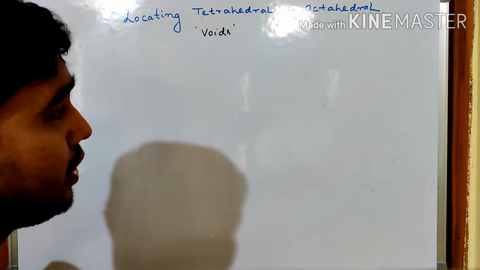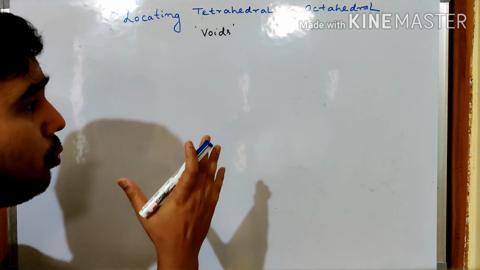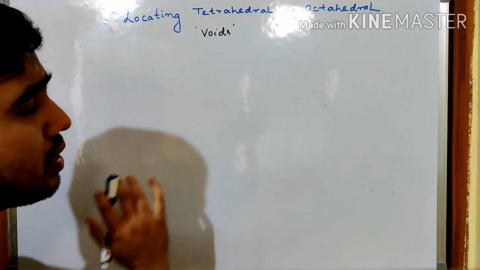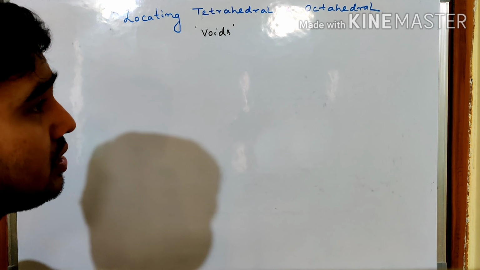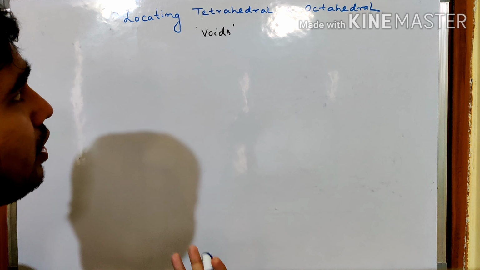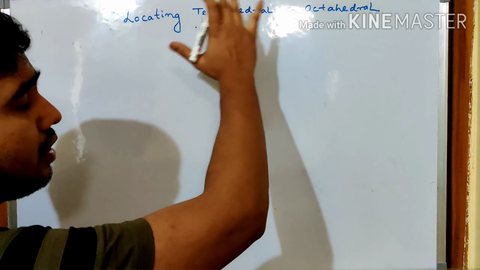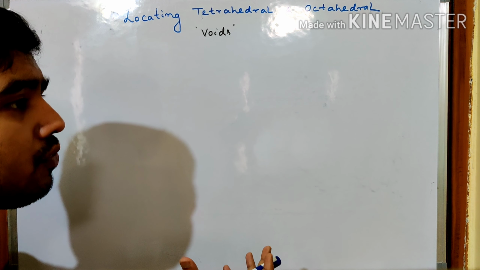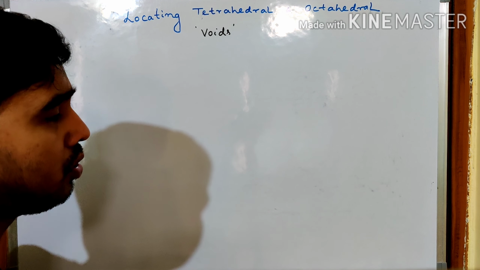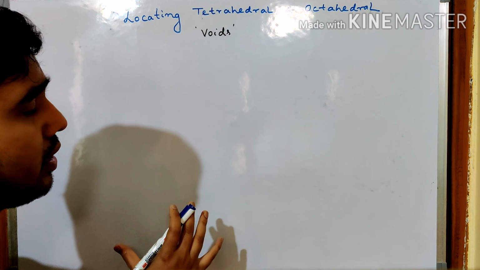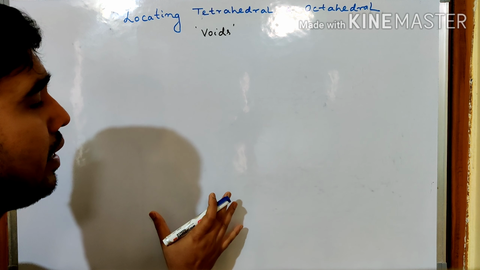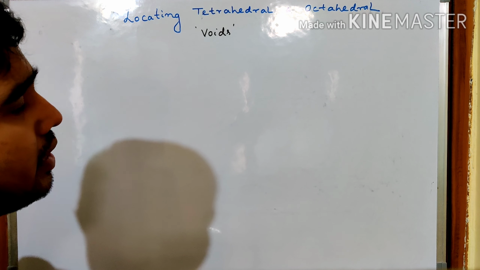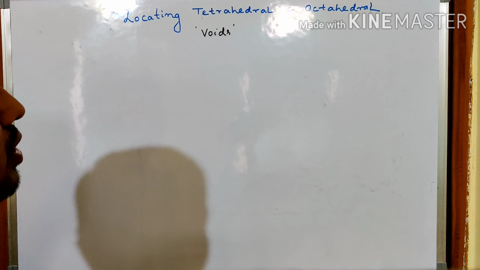But video is one thing, to be able to write it down or to draw it in pen and paper is completely different. So we must understand how we can locate the tetrahedral and octahedral voids in a 3D diagram. Obviously the movement of the atoms cannot be shown, but we will try to locate it in the simplest possible way, so that we understand how the voids actually look like.